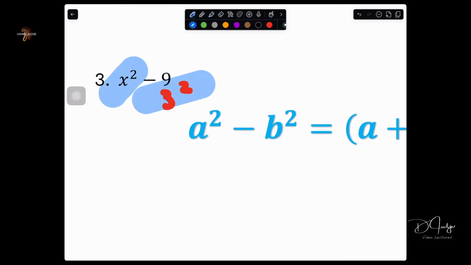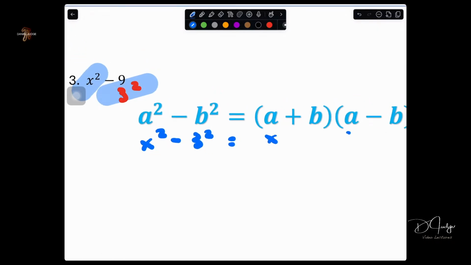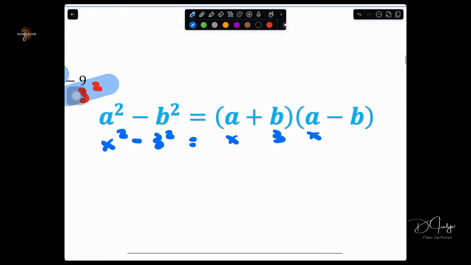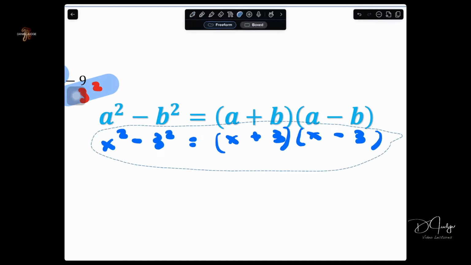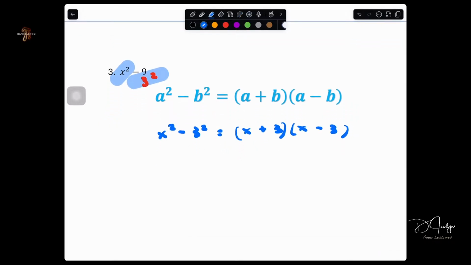So using our difference of perfect square formula, x squared minus 3 squared, where x is a and b is 3. Add, subtract. We have factored the difference of perfect squares. x squared minus 9, which is 3 squared. All right.